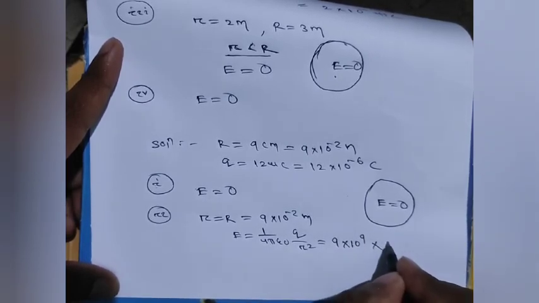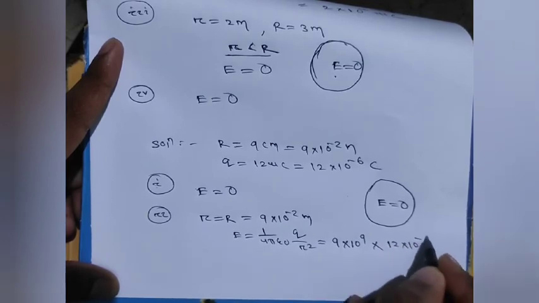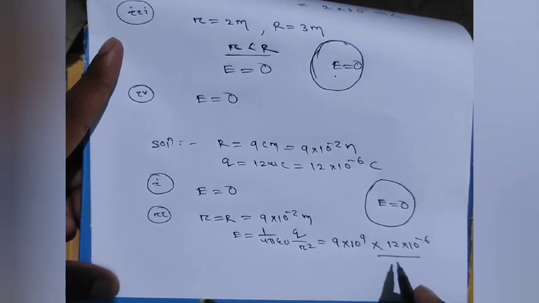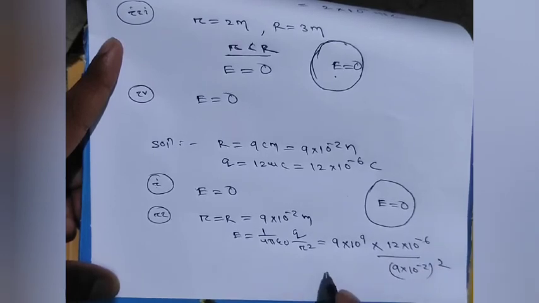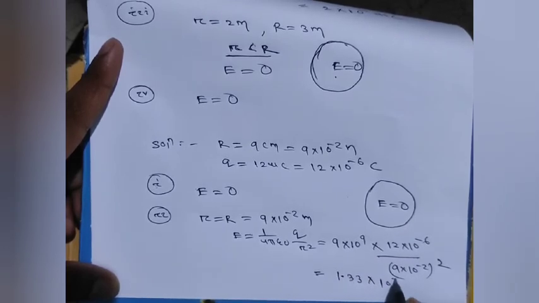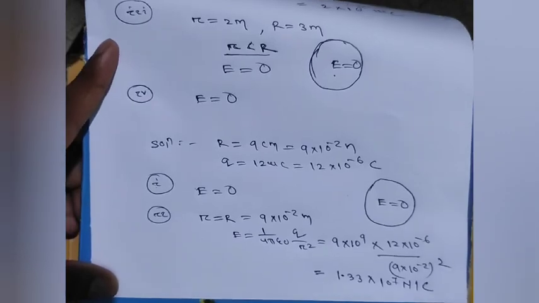Q is given 12 microcoulomb, means 12 into 10 to the power minus 6, and r is 9 into 10 to the power minus 2, squared. So it will be 1.33 into 10 to the power 7 Newton per coulomb. So is it clear?